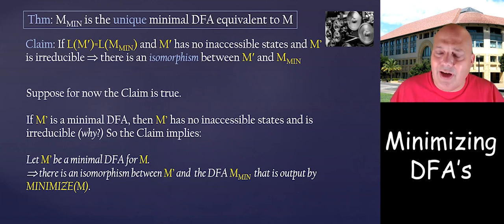So it means that the output of our algorithm is indeed the same as any minimal DFA. Since this M min is equivalent up to renaming to any minimal DFA, it means that it is the unique DFA up to renaming. So the theorem holds.